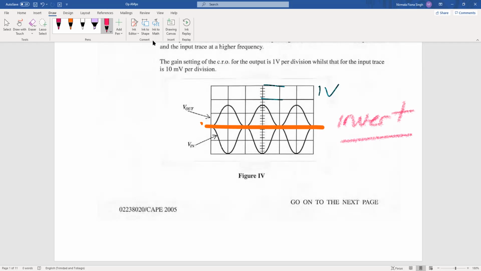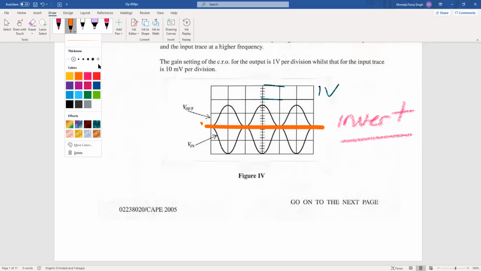So this is our input, all right? And if you look at your input, we're going to have a plus and minus voltage of, well, of 1 volt. We have 1 volt at the bottom here. All right, so we have 1 volt at the bottom. Why?